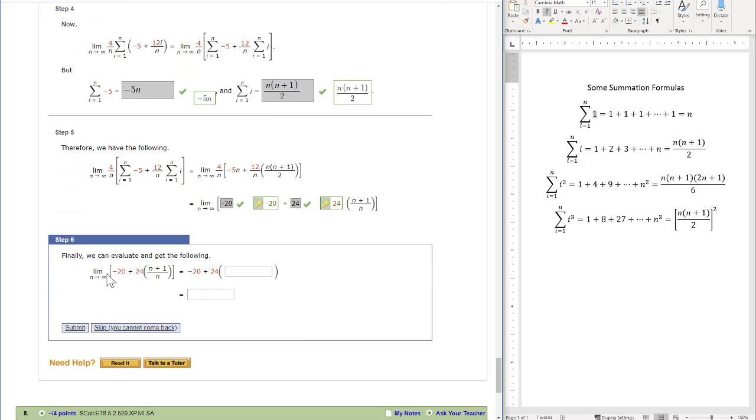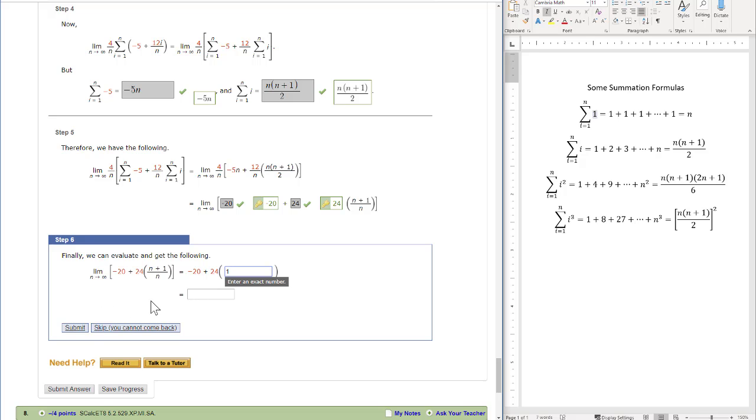Now we take the limit as n goes off to infinity, and here we can just divide by n, and so we have 1 plus 1 over n divided by 1, and then as n goes off to infinity, 1 over n will go to 0, so that's just going to be 1. The other way to do this, the fancier way, is to use L'Hopital's rule, where we take the derivative of the numerator and the denominator, and then we get 1.